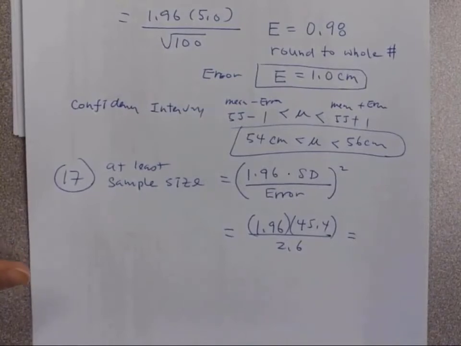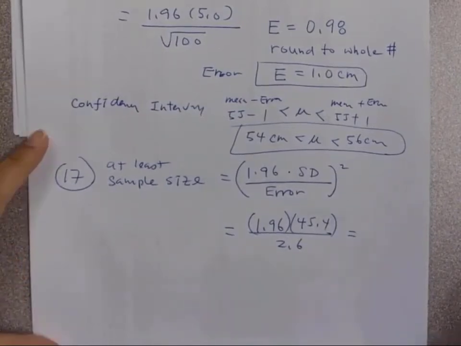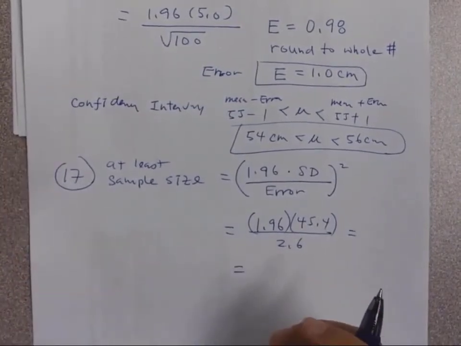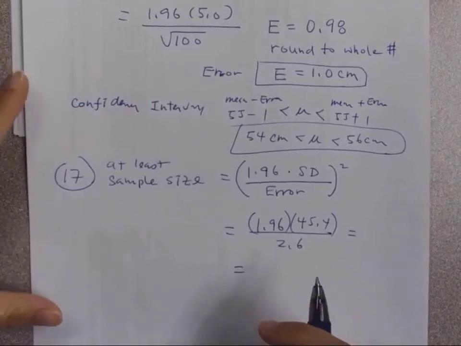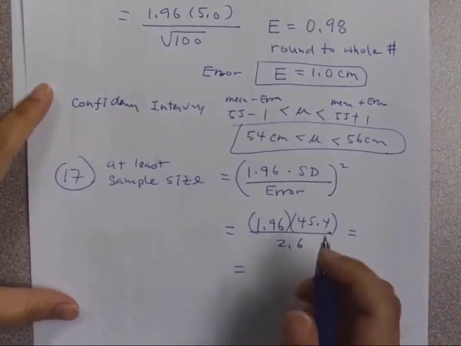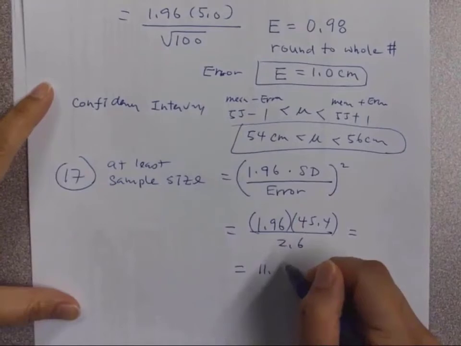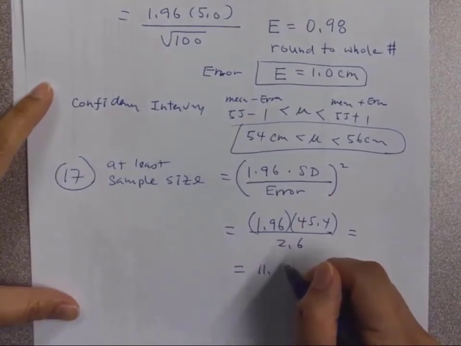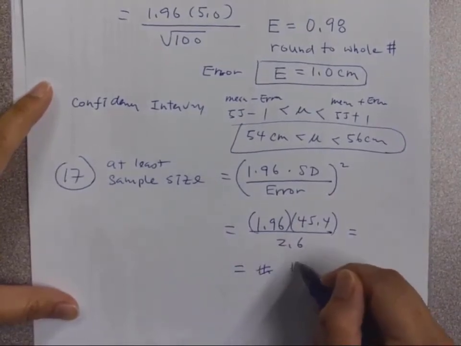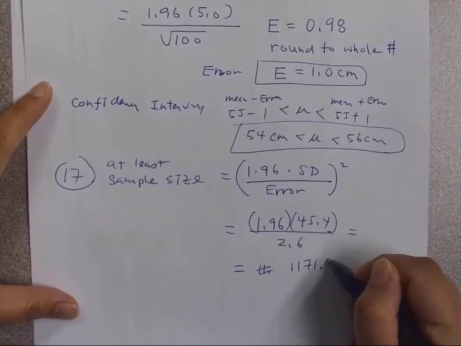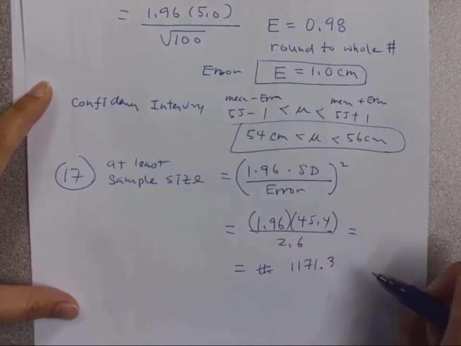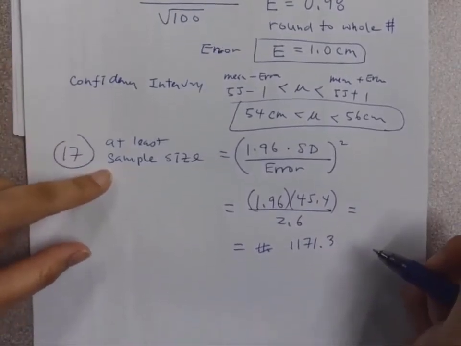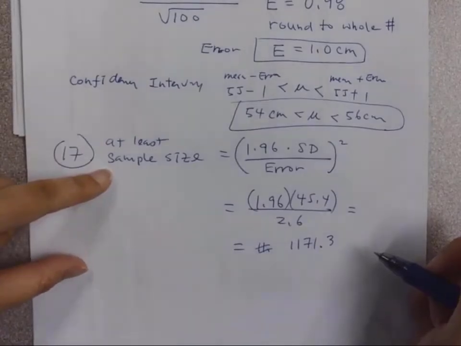Don't forget to square, okay? What do we get? 1171.3 something, right?